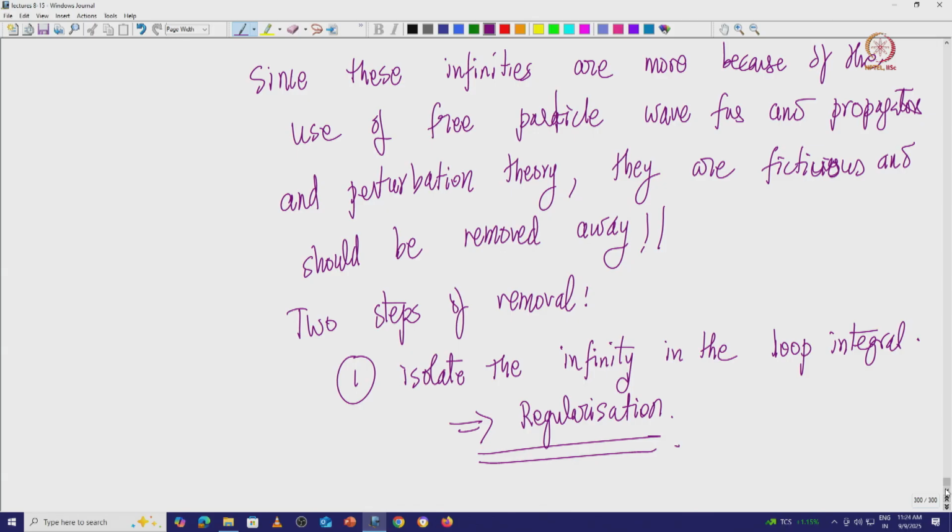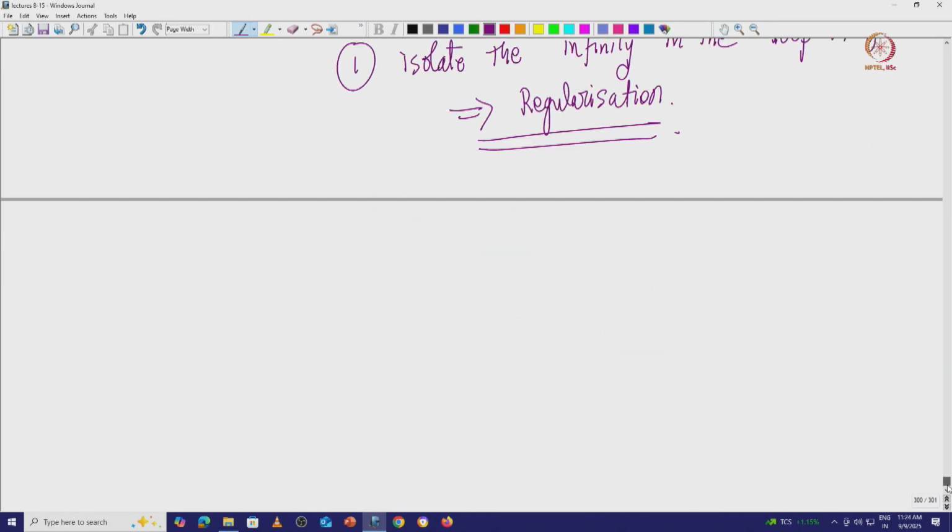The second thing is a process called renormalization, in which you absorb the infinities into the wave functions.